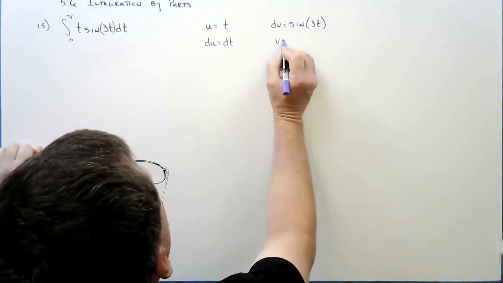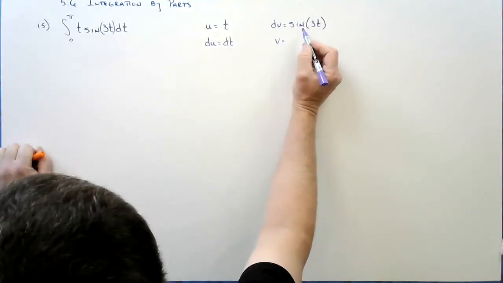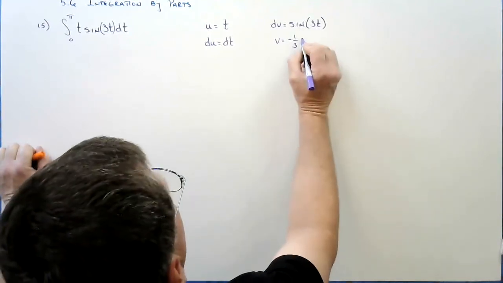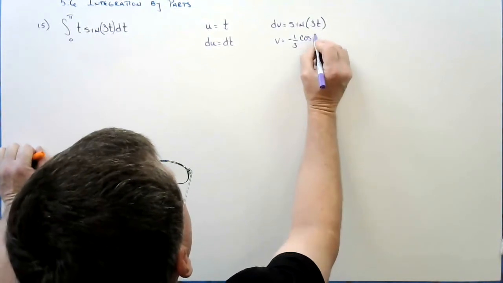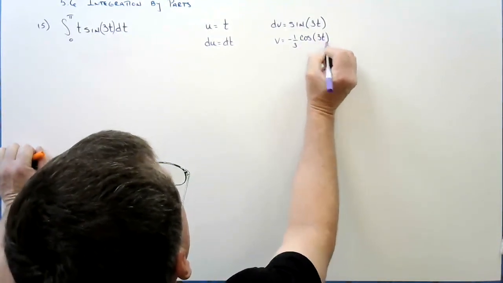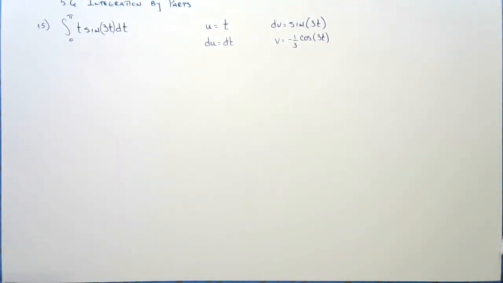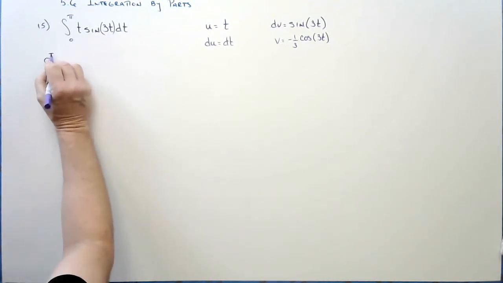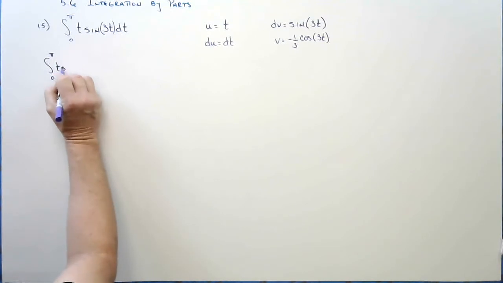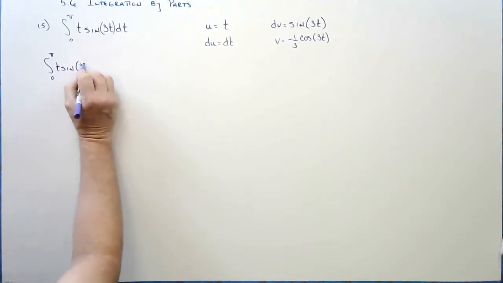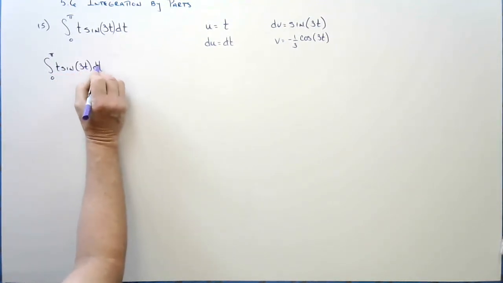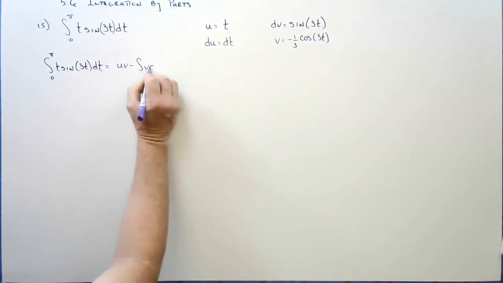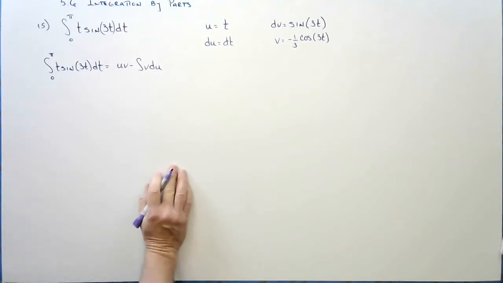When we integrate this, the integral of sine is negative cosine, so we're going to get our negative 1/3 from our u sub, and we're going to get cosine of 3t. So we have all of our components ready. So we're going to rewrite this. We have the integral from 0 to pi of t sine 3t dt equals uv minus the integral of v du.